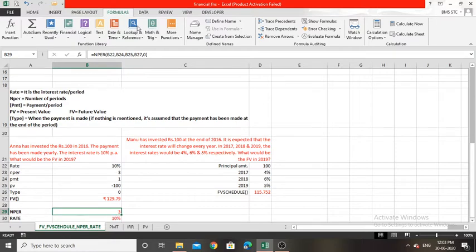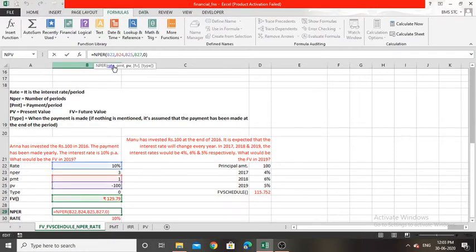For that we have a formula: equals NPER, brackets open. We enter the rate value, that is 10%, the PMT value, that is 1, since we pay yearly, PV as the cash on hand value, that is minus 100, which is an outflow, so you have to put minus 100.